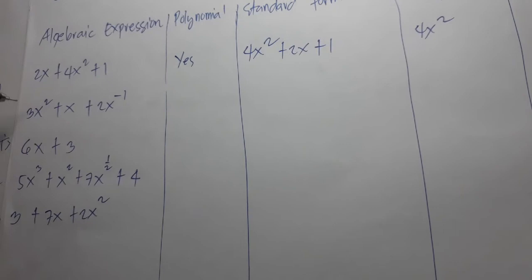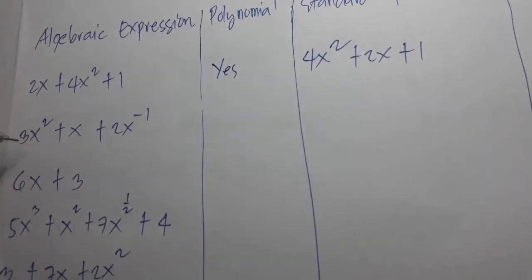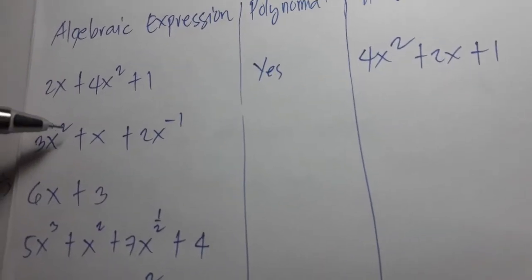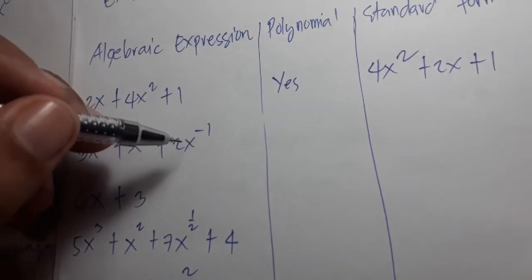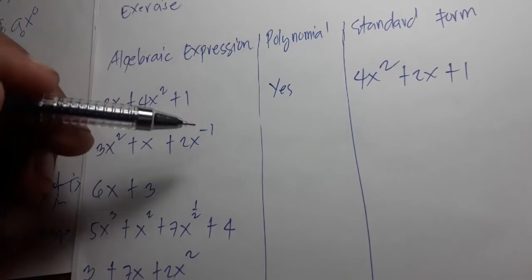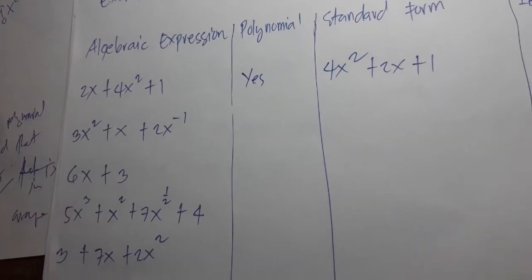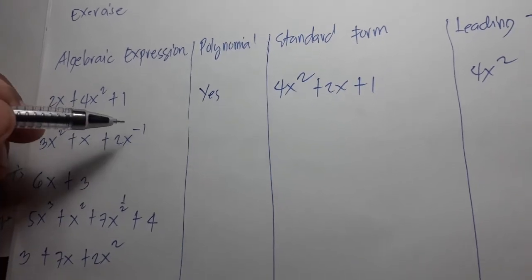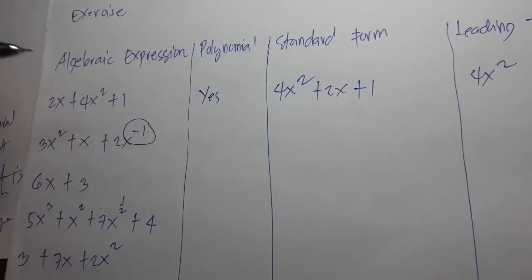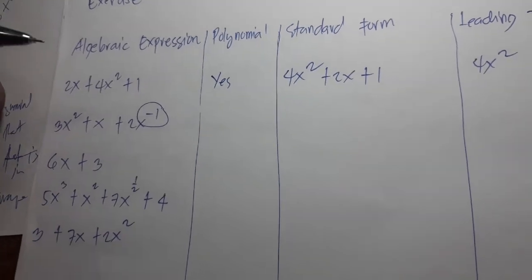How about number 2? The given algebraic expression is 3x squared plus x plus 2x to the power of negative 1. Is this a polynomial? As you examine the terms, there is a presence of a negative exponent.